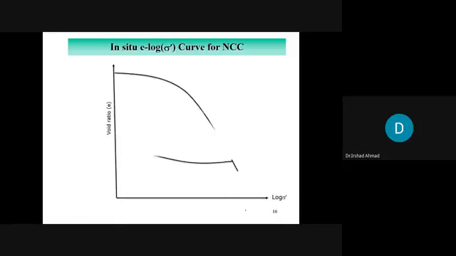In situ e-log sigma, in situ means field curve for NCC. नॉर्मली कंसिडर्ड क्ले के लिए आप कैसे करेक्शन करेंगे? So you know what I mean? अच्छा जी, so what you do, you have this curve. This is the curve that you obtained from the lab.